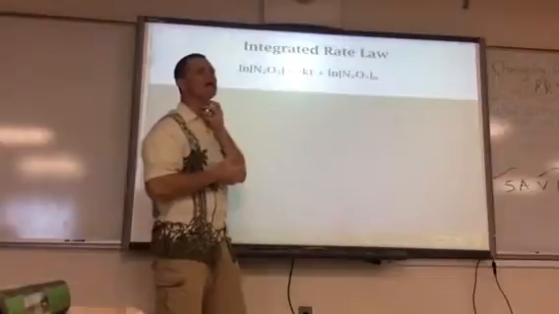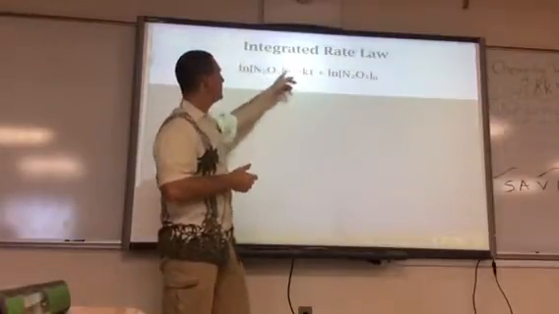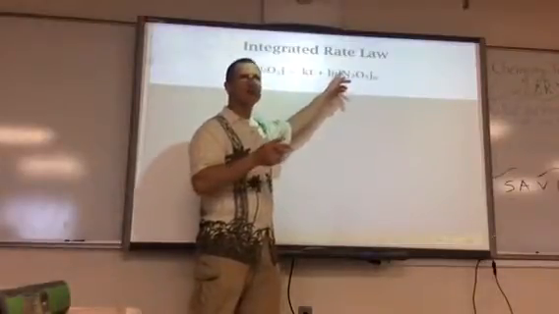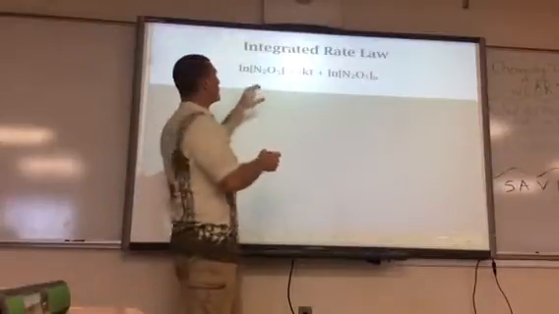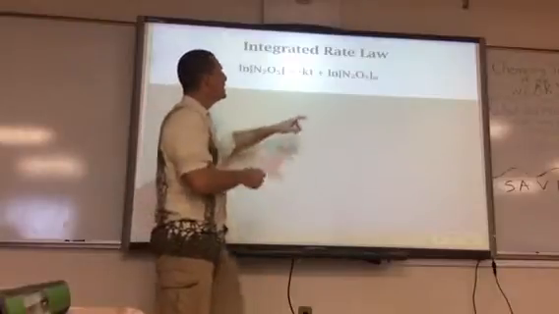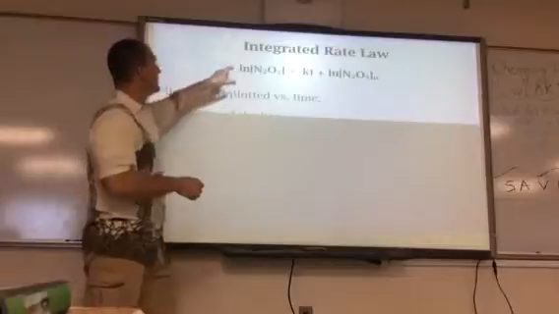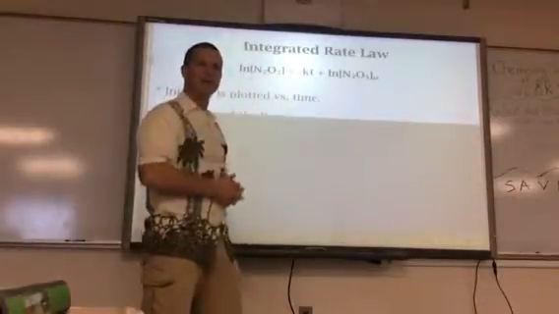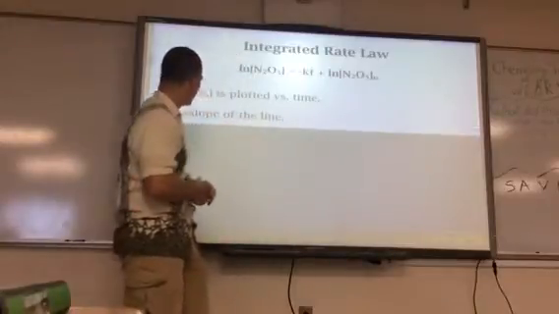So what does that look like? Variable equals constant times variable plus constant. Matthew? The slope-intercept form of a straight line. It winds up, if it's first order, and remember the whole premise was that this was a first order reaction, that means that we're plotting this term versus time, and it winds up being a straight line with the slope equal to negative k.